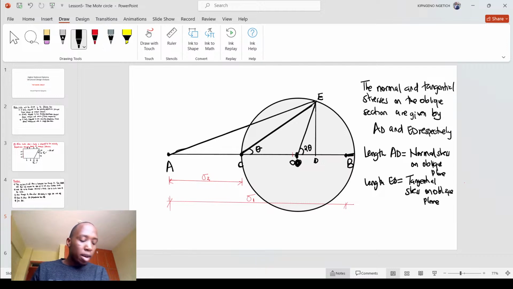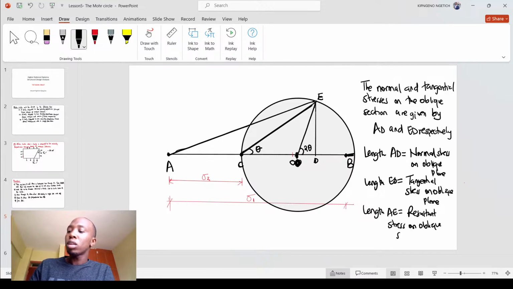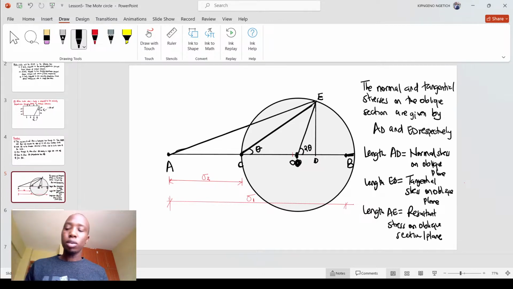You'll also have the length AE, which will be your resultant stress on the oblique plane.